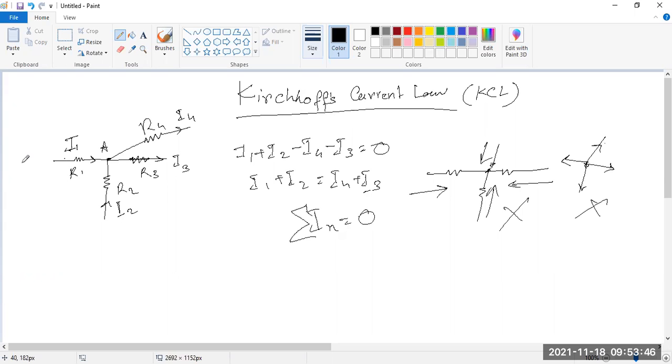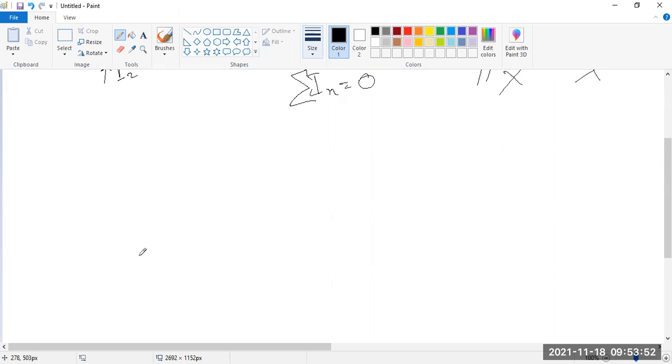Now if we go for the proper definition, you can just note it down. I think you can understand. We have to know the main statement.